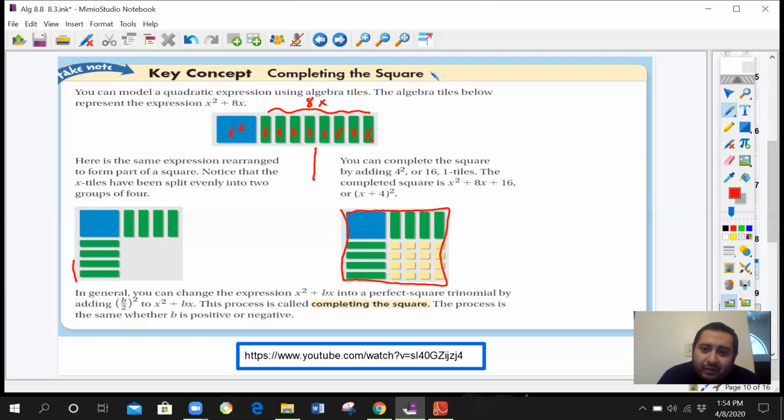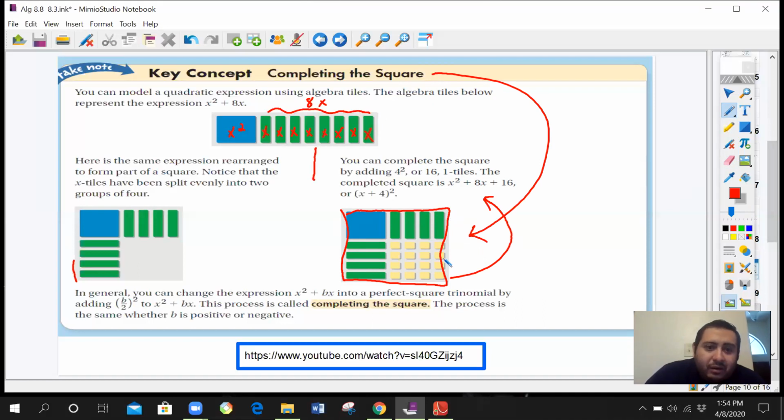That's why they call this completing the square, because you just created a square out of tiles. Based on this, you can now write it down as a quadratic expression. That is a visual way to see things.